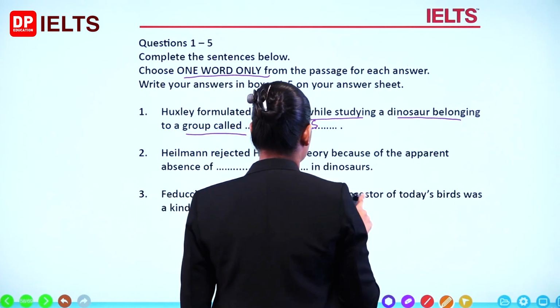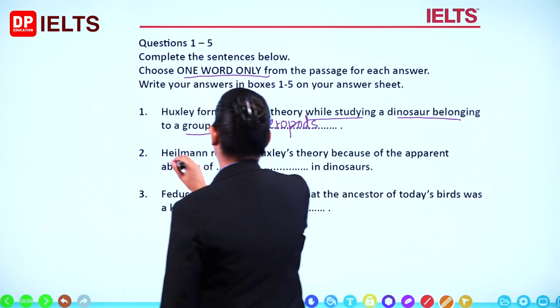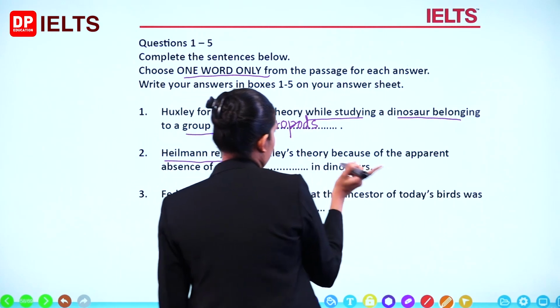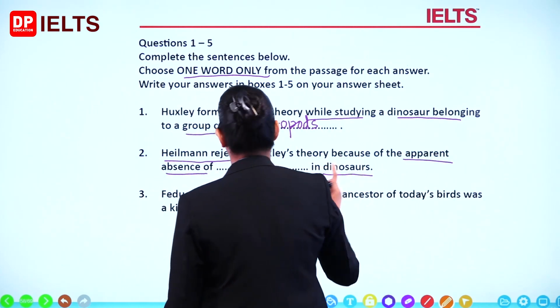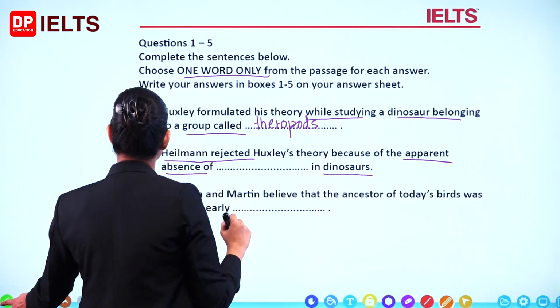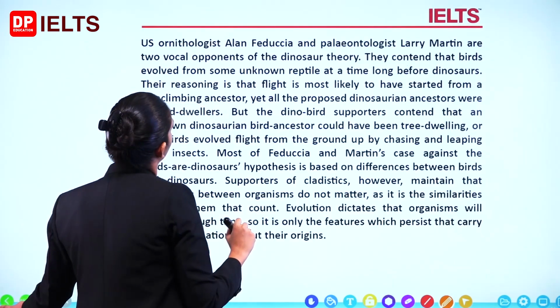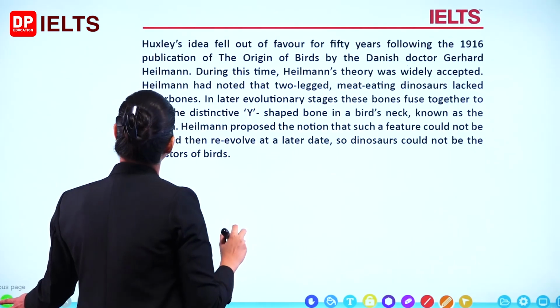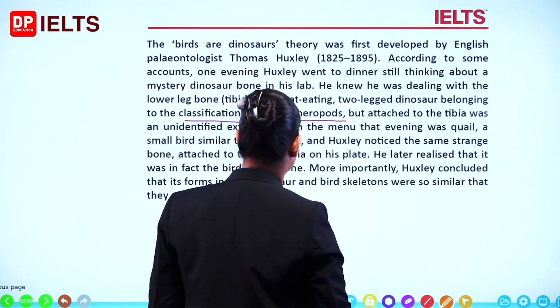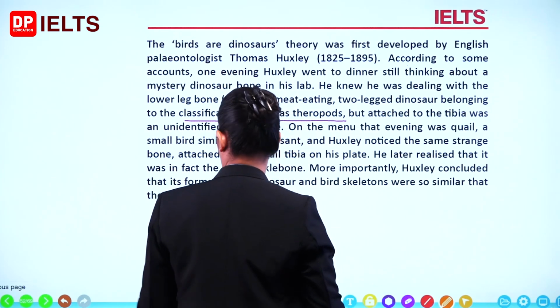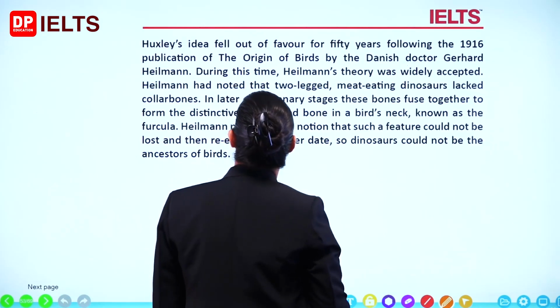Hellman rejected Huxley's theory because of the apparent absence of what in dinosaurs? Right, so let's go and say Hellman, Huxley. Okay. So we don't see Hellman.